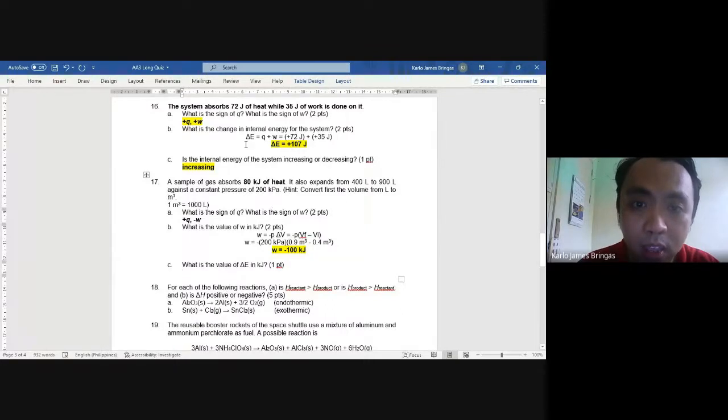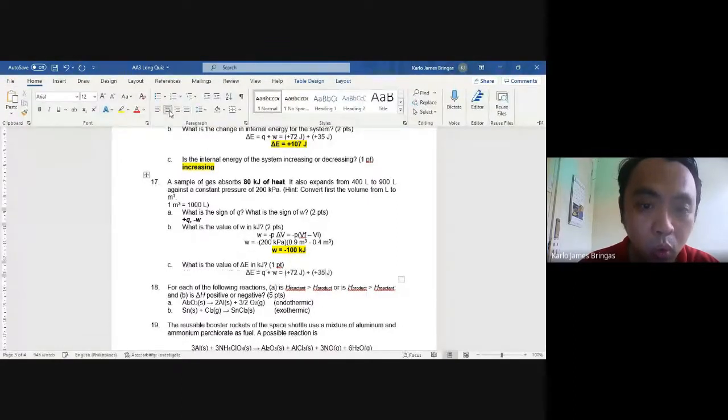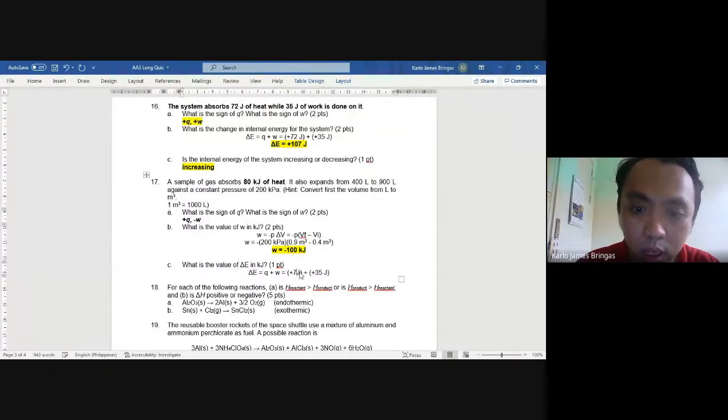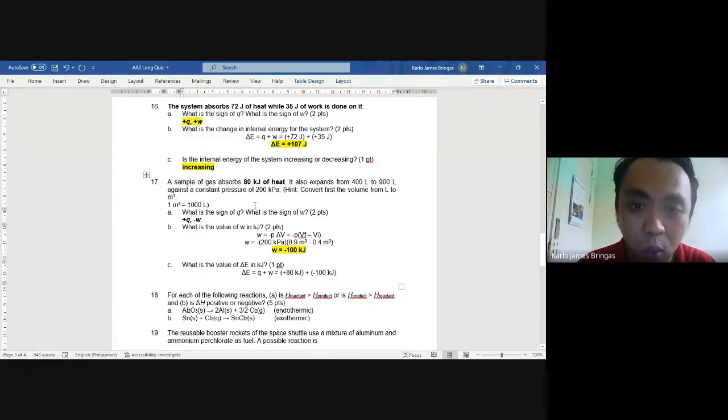So using the formula that we have in here for delta E, so let me copy that one to minimize the typing. So delta E again is equal to Q plus W, and this one is equal to 80 kilojoules plus negative 100 kilojoules. So with this, we get our delta E value. So delta E is then equal to negative 20 kilojoules.